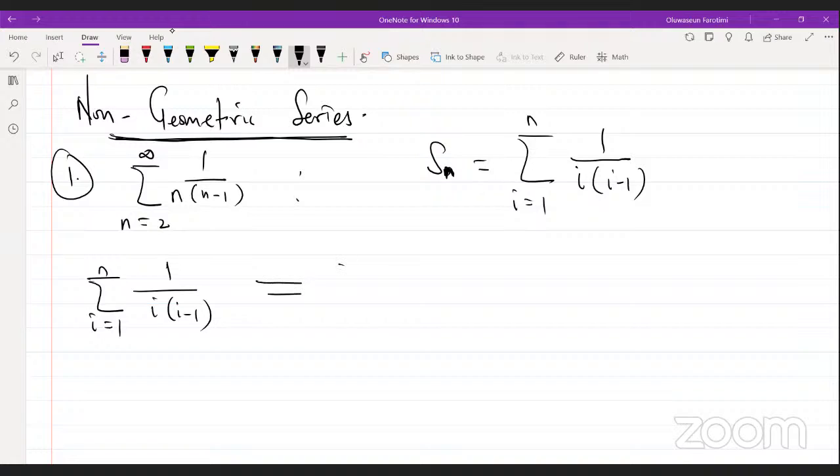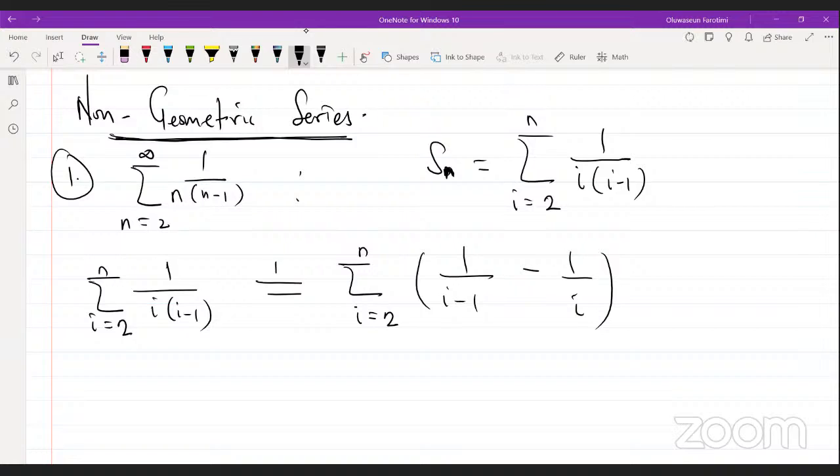This should be 2. We're starting from 2 now, so i goes from 2. Okay, in terms of partial fractions, this is just 1 over i minus 1 over i.